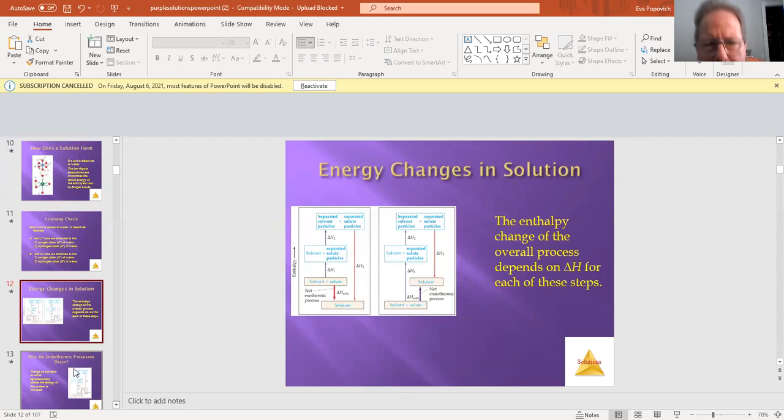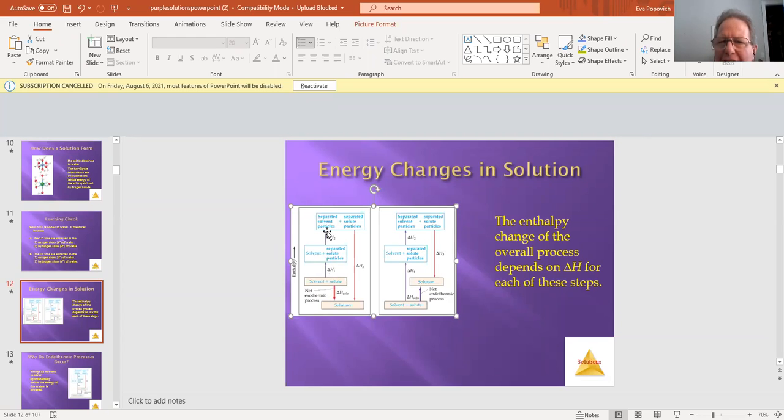So what's really happening? Okay, can you see my cursor? Yes. If I just have the solvent and the solute before they get mixed and I throw them together, first thing that happens, I need to take energy that's going to separate the solute. I'm going to take more energy that's going to separate the solvent. So now I have separated solvent and separated solute particles.